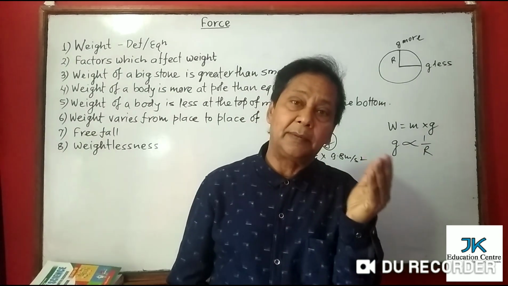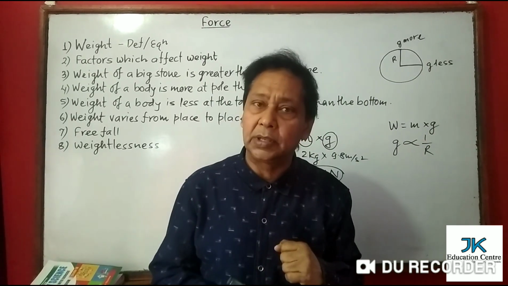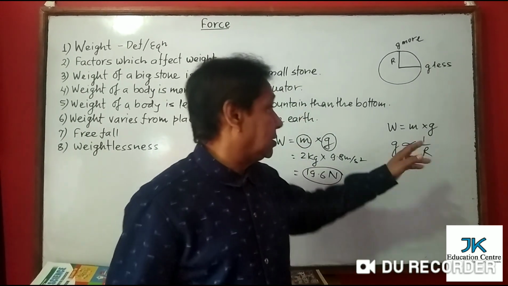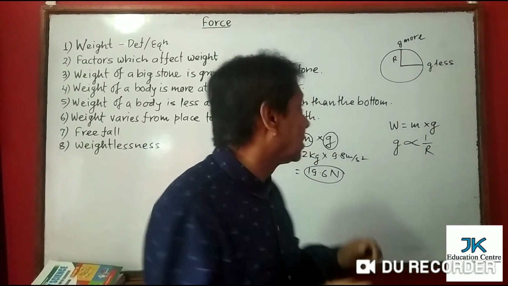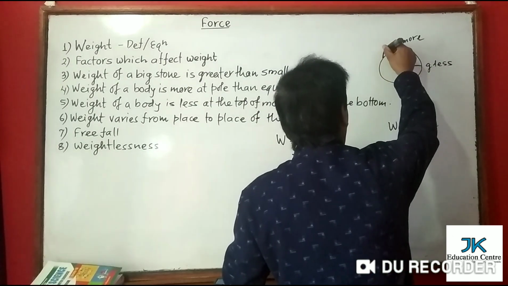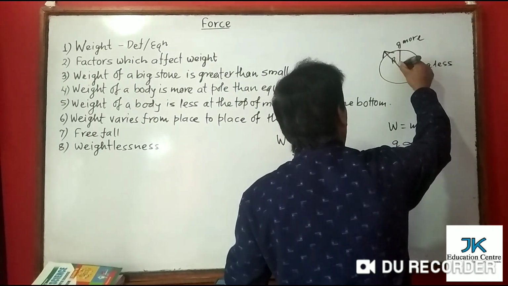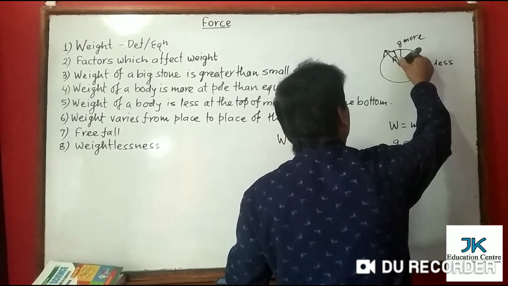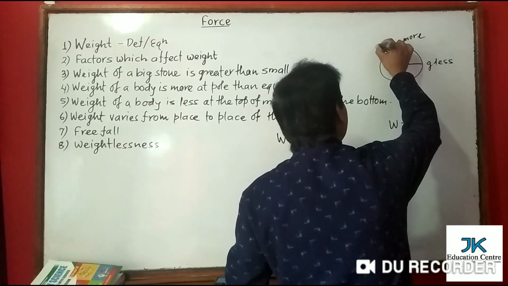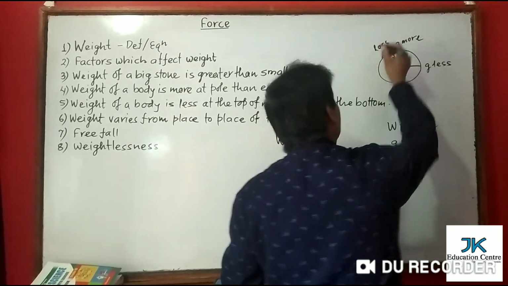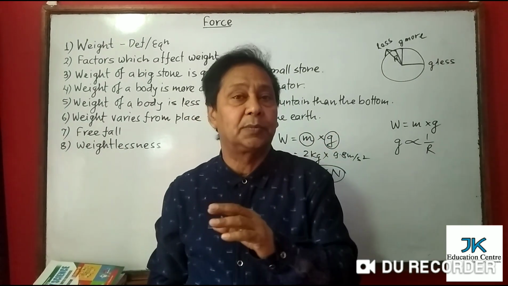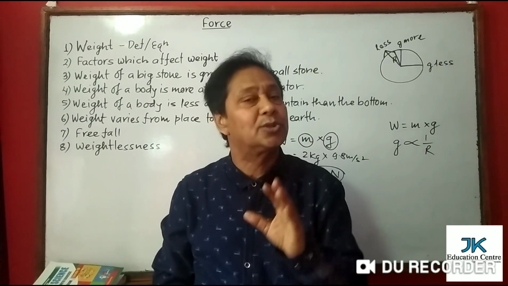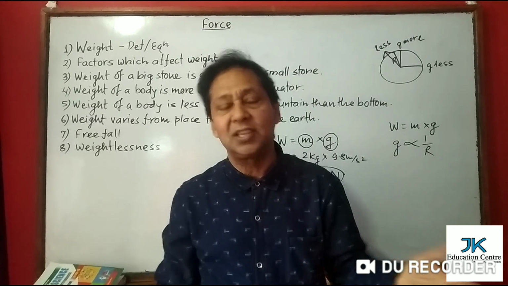Mass remains the same at the top and bottom of the mountain, but g is inversely proportional to the square of the radius of the earth. The distance from the center of the earth at the top of the mountain is more than at the bottom of the mountain. That's why g is less at the top of the mountain, and the product of g and mass of the body, that is weight, is also less at the top of the mountain. This way we can answer.